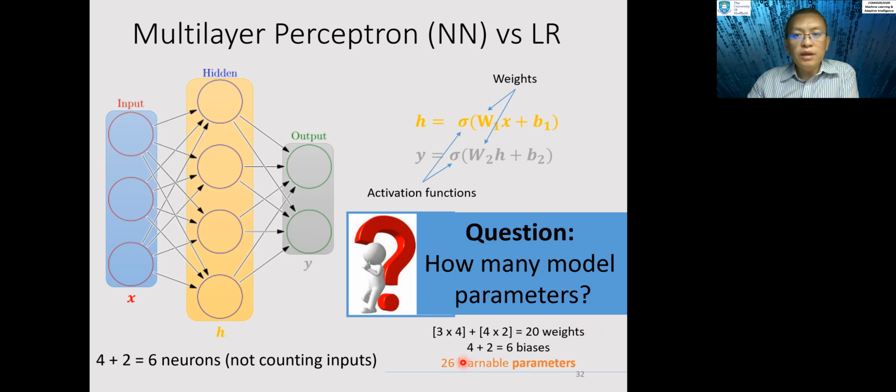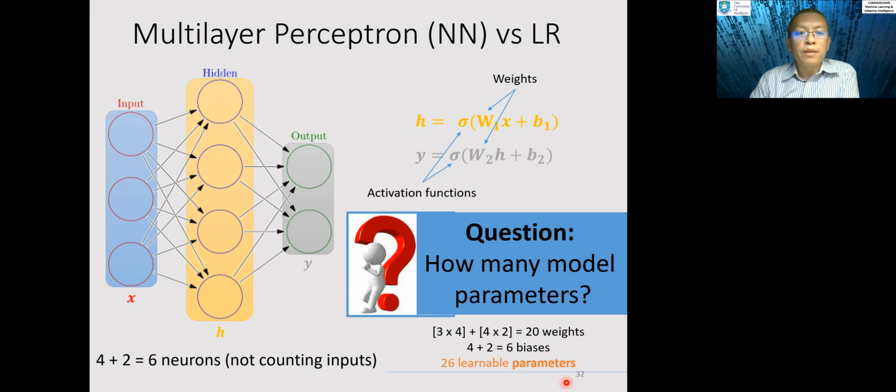And in addition to that, we also need a bias for each neuron. We need 1 bias, 2, 3, 4, 5, 6. So we need 6 parameters for the biases. Therefore, in total, we need 26 learnable parameters for this model.